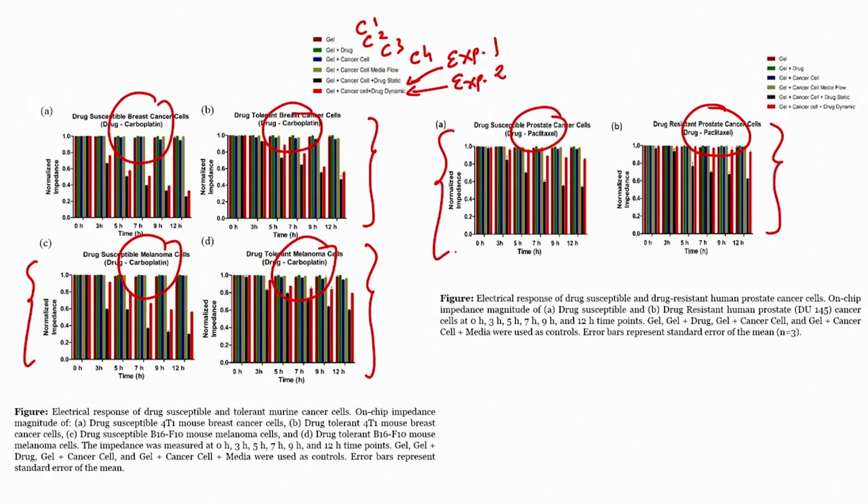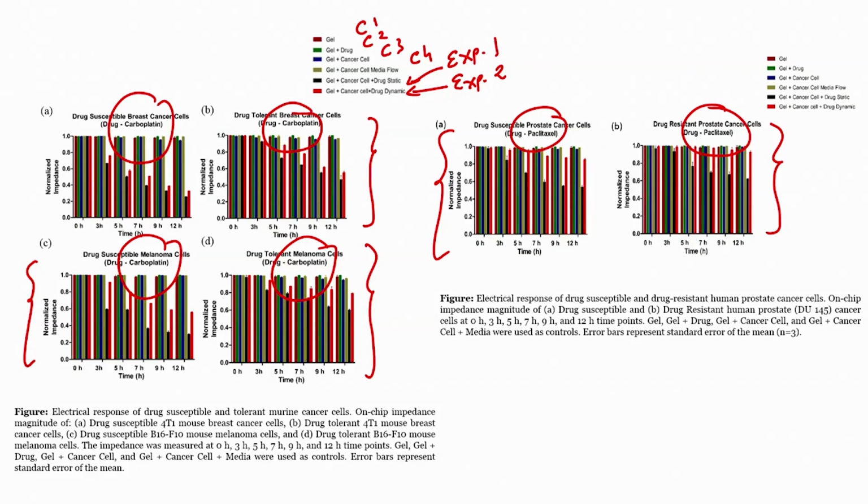Now, there is one more thing that is interesting. The change in the impedance for tolerant cells is different than change in impedance for susceptible cells. From here it may not be easily visible, but we can see in the next slide that you can clearly see a difference between normalized impedance when you are considering susceptible cells and when you are considering resistant cells.